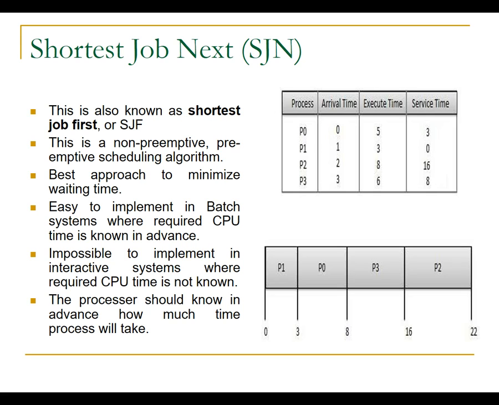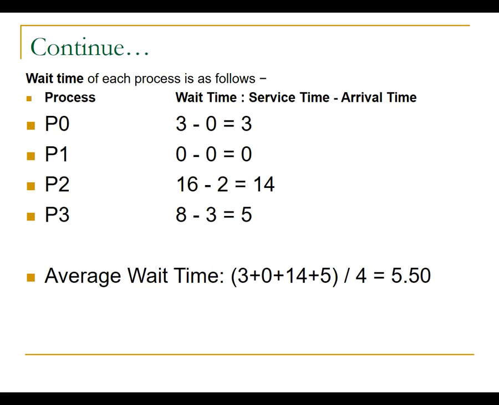Now, for the known processes, that means the group of processes which is known by the CPU, known by the resources, known by the users, known by allocating the resources, for all those processes, the CPU should know in advance how much time the processor will take to execute that bunch. One calculation is given over here where I have mentioned three processes.